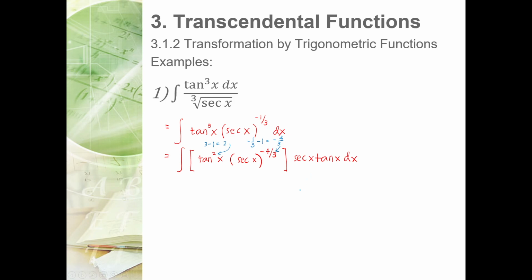So again, we subtracted 1 because we factored out secant x tangent x. So when we multiply it back, it reverts to its original form, which is this equation. If you multiply it again here, you should get the given equation, the original equation.